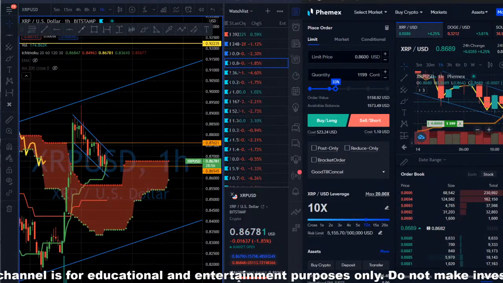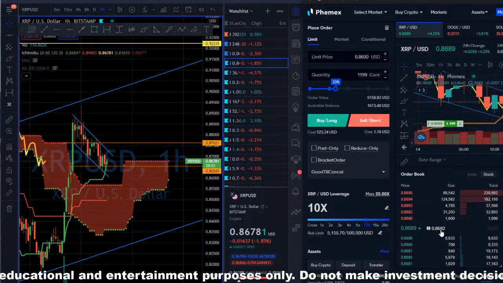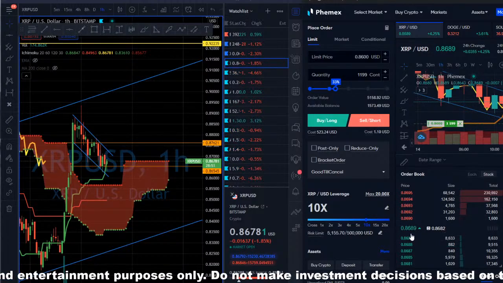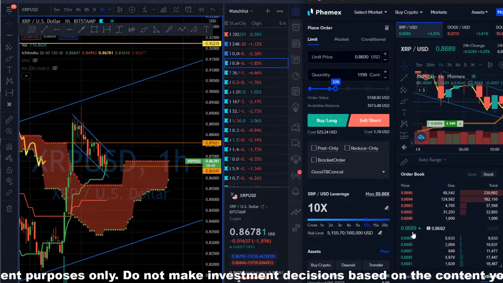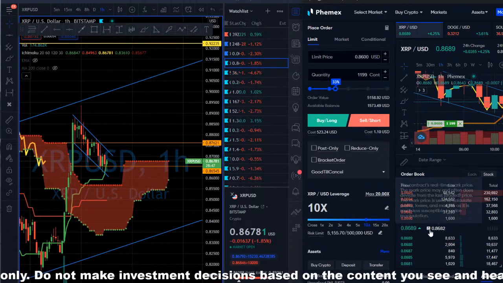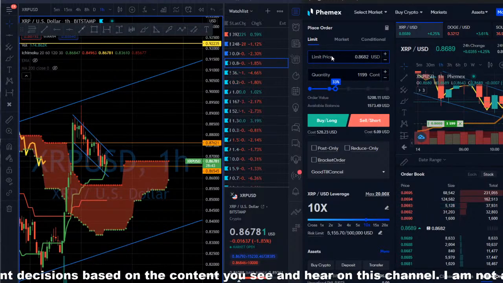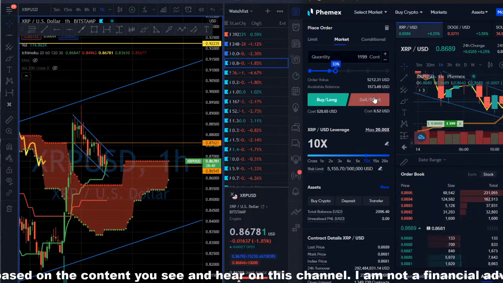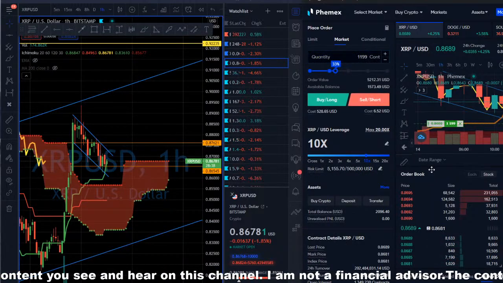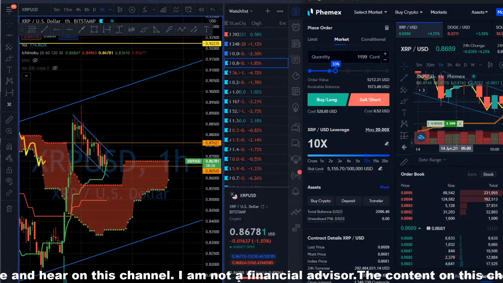At this point, if you're long, you're going for 86.82, because your last price is 86.89. You can just click on it, and it'll pop up on the limit price. You don't ever want to market buy. It'll just give you pretty much what the last price is.